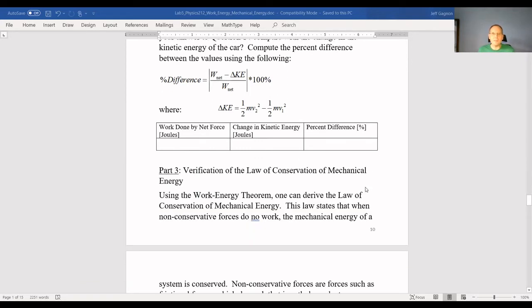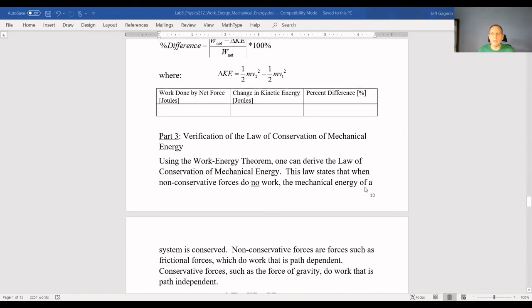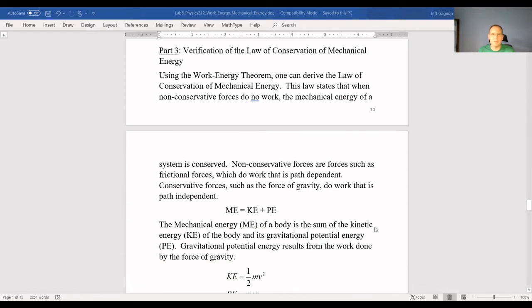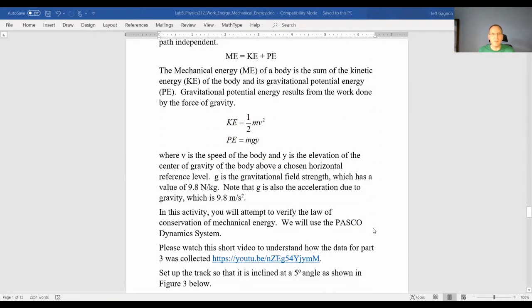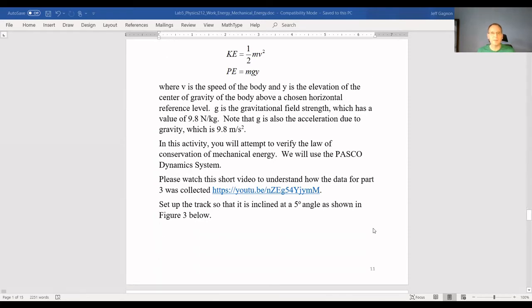Part 3, now we're going to look at something called conservation of mechanical energy. So let me go back to the iPad and explain this part.